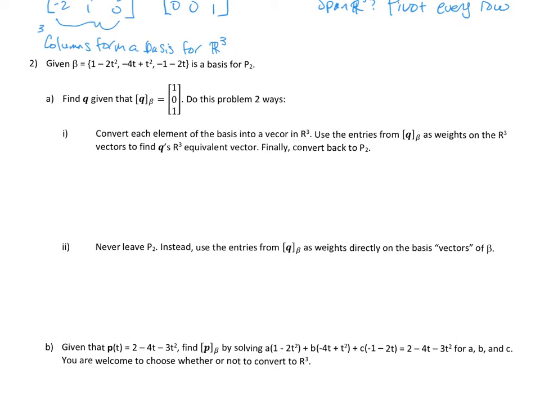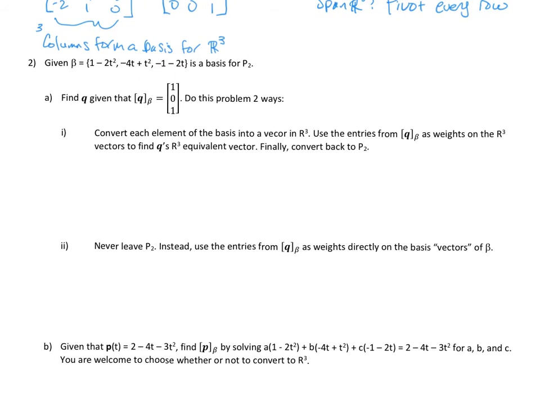The way I remember which direction we're working, whether these are weights or you're solving for weights, is that this notation, the vector Q with respect to the basis beta, these are weights on beta. Okay, so we're going to do this problem 2 ways.